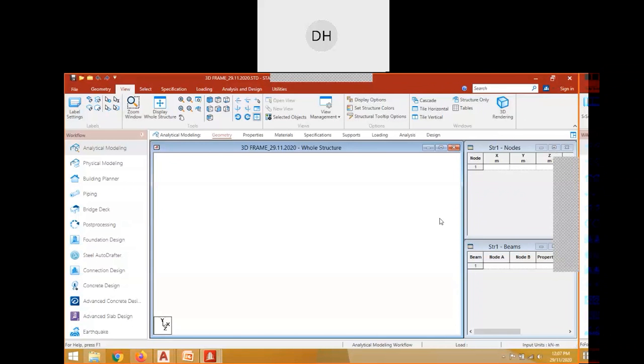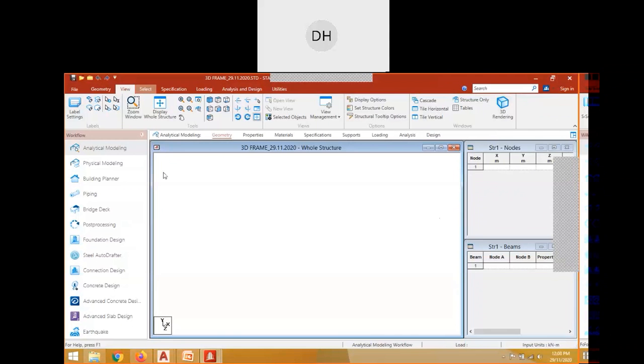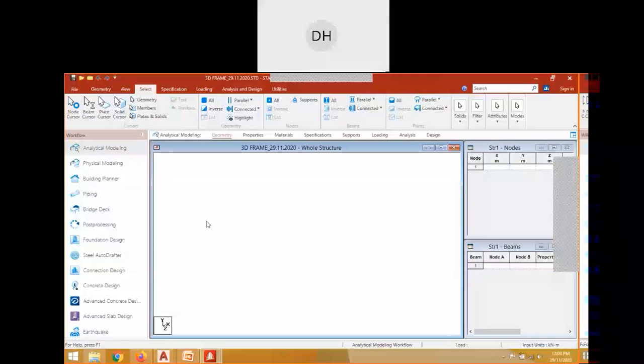If you want to see whether your column orientation is correct or not, how will you check that? For that, you should go for rendering, where you will actually see the depth and width of the column, in which direction the depth is and in which direction the width is, or otherwise you can rotate your column for your convenience, for proper orientation. So the 3D rendering view option is there.